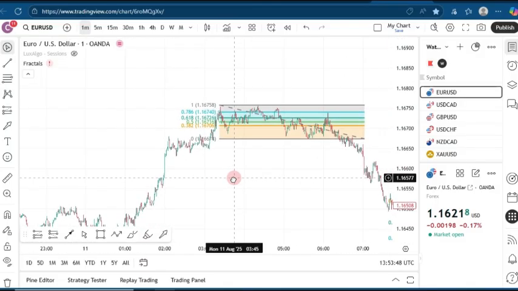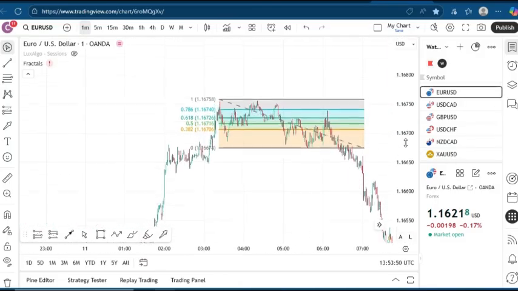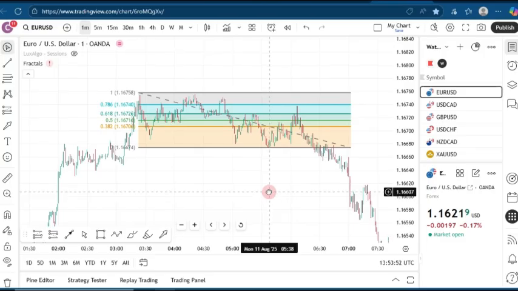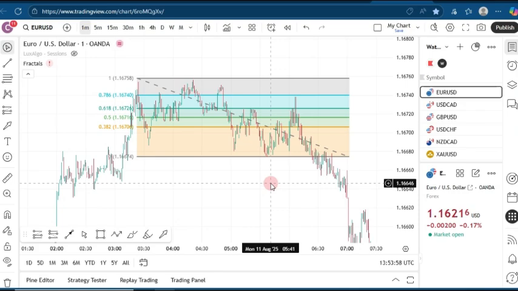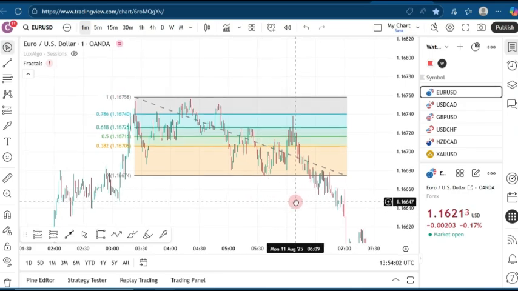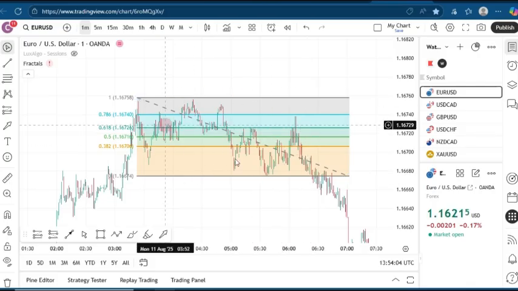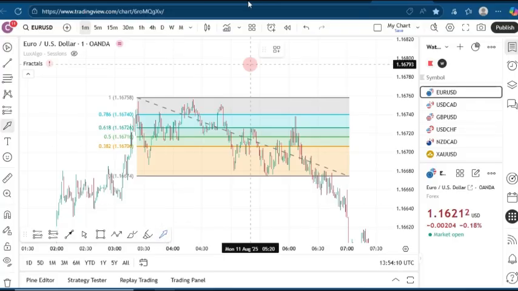Now let's look at this scenario over here. So what we have here is a ranging market. Now we want to make sure that when price decides to take direction, we will be ready to either buy or to sell. Right now you can see in this environment, this is where price has been going up and down. So I want us to mark this.